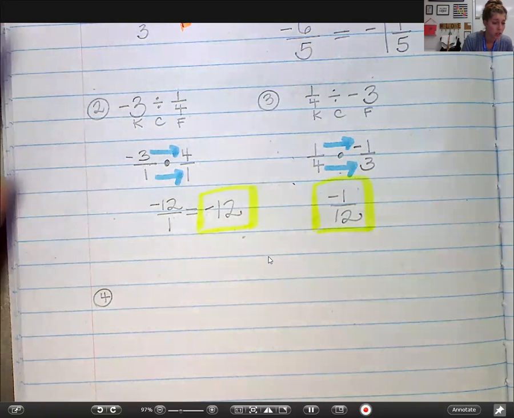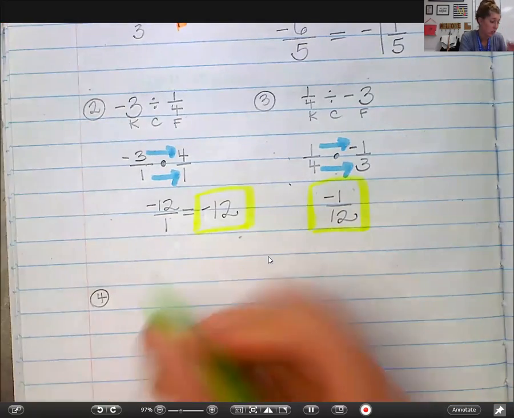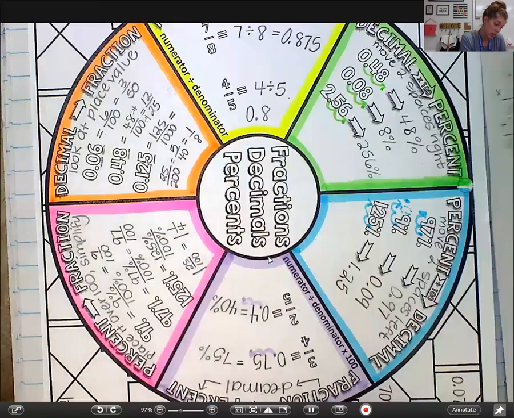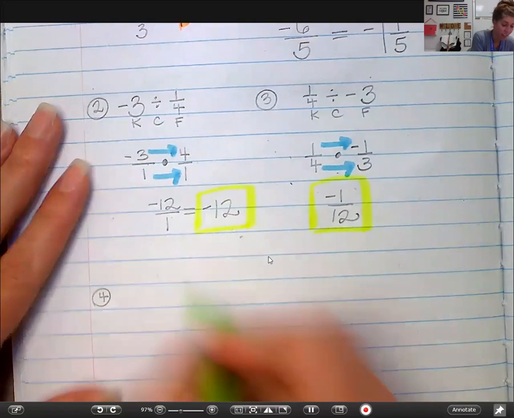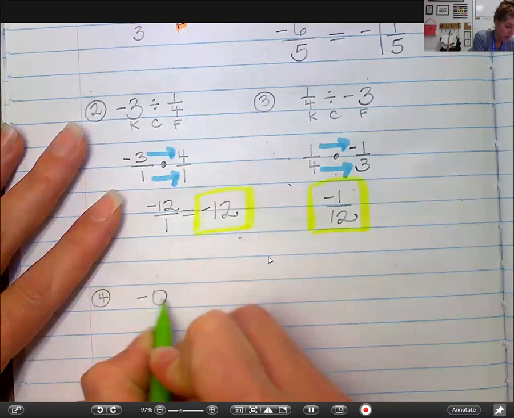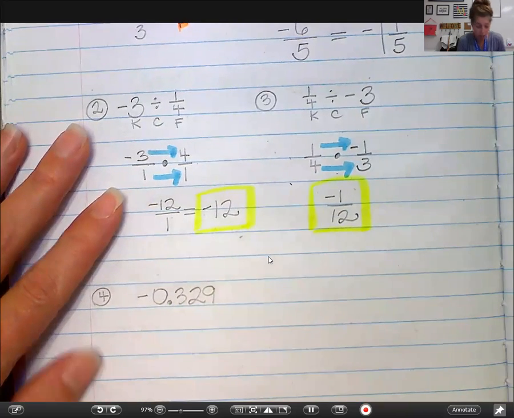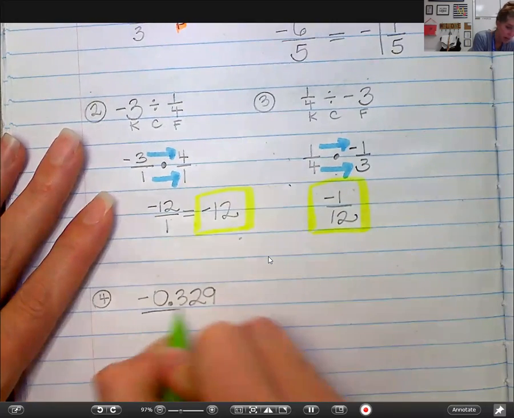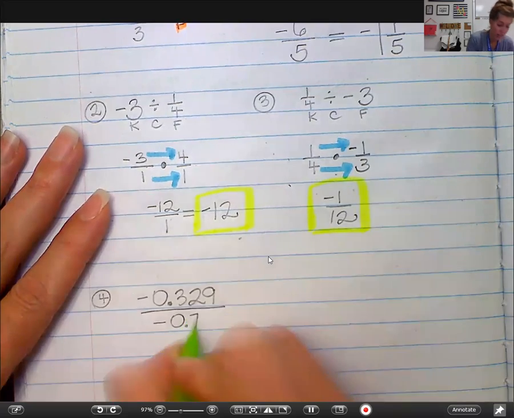All right, I want to do another 0.7. We'll do another 0.7. So we have -329 thousandths divided by -7/10.